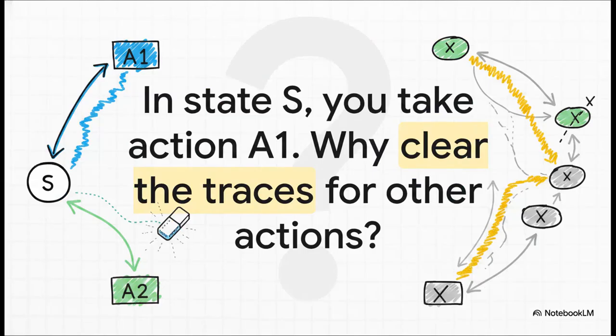All right, here's a subtle but really, really important detail. For control, for learning what actions to take, our traces aren't just on the states, they're on state-action pairs. So think about this. What if you're in state S, you take action A1, but then later you end up back in state S, and this time you take a totally different action, A2? What do you do with the trace for that first action, A1?